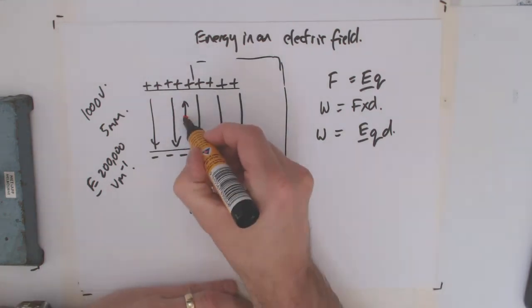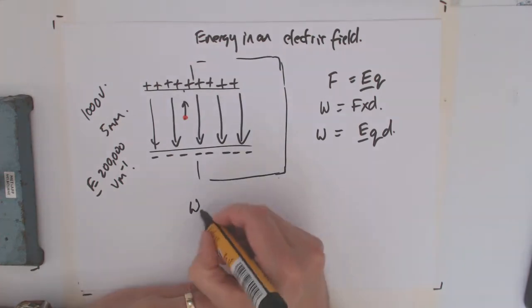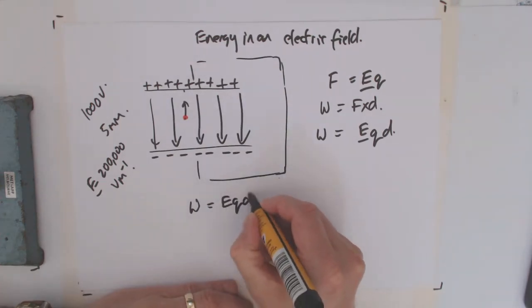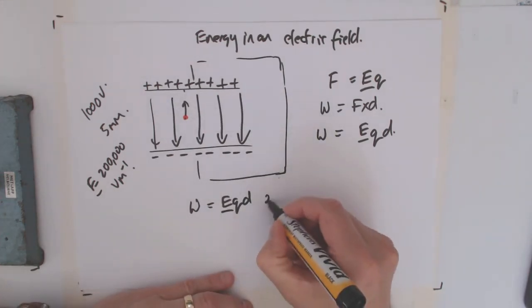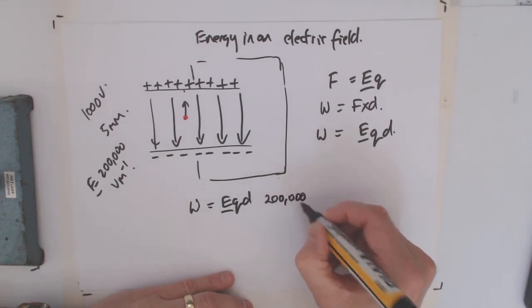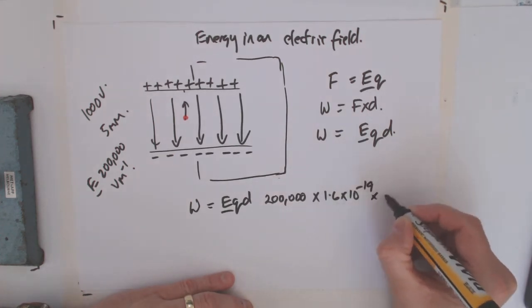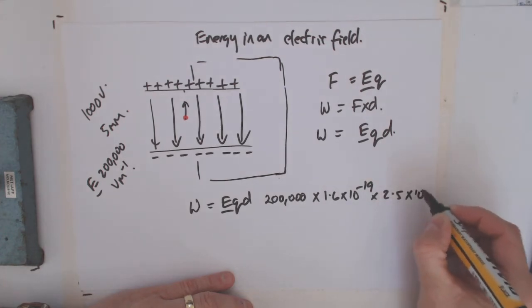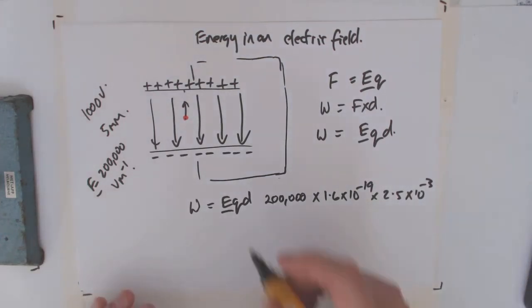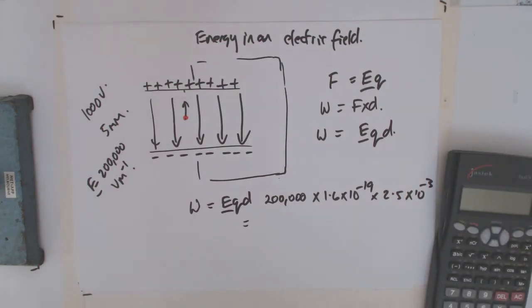Now, we worked out the force in the last video, but we can do it again. The work for this little charge to move from here to here is just going to be equal to EQD. Now, E is 200,000. Q is 1.6 times 10 to the minus 19. And D is 2.5 times 10 to the minus 3. That's just changing millimeters into meters. You divide by 1,000, which is the same as multiplying by 10 to the minus 3, right?